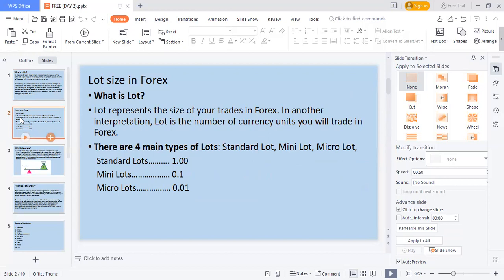In fact, we have nano lots. It's just that I don't like to talk about the nano lots because they are so negligible. It's not really observable. Wait till we share my screen. I'll talk more on that.